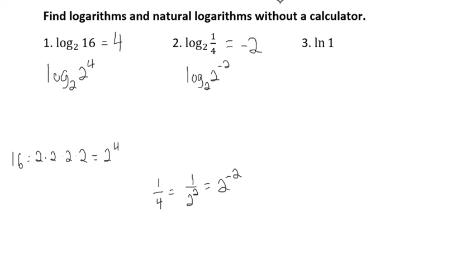And then this is natural log of 1. And if you remember on the previous slide, we know that this always equals 0. Natural log is log base e of 1.